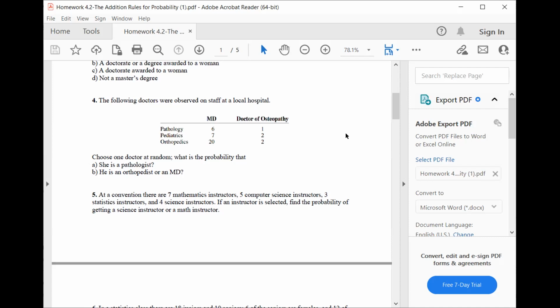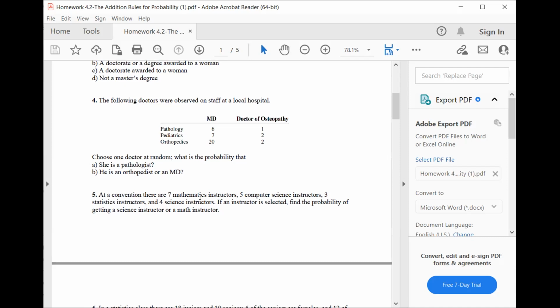So we have 19 instructors. We want the probability of getting a science or a math instructor. So what are we going to have to do here? Add the science and math. We have to add the science, which is 4, and the math, which is 7, right?